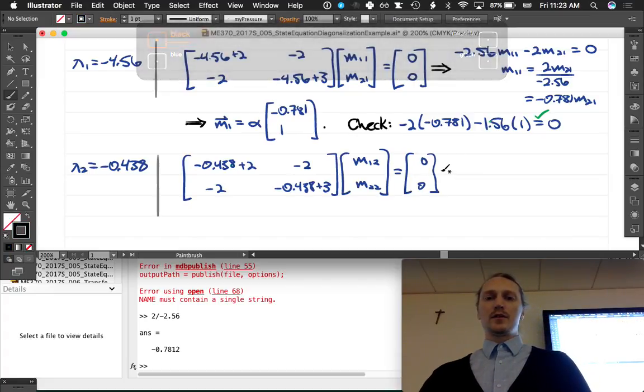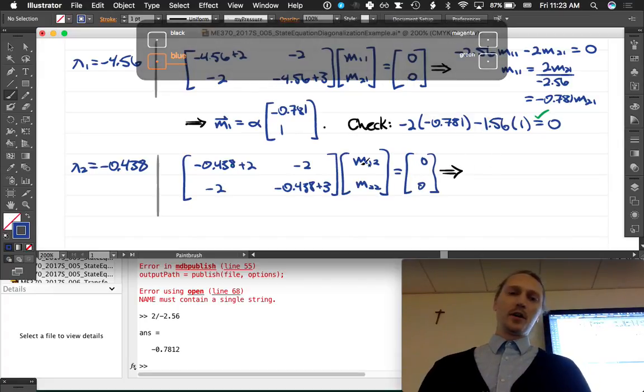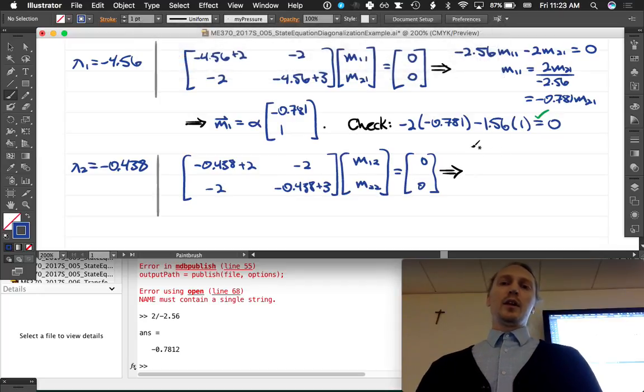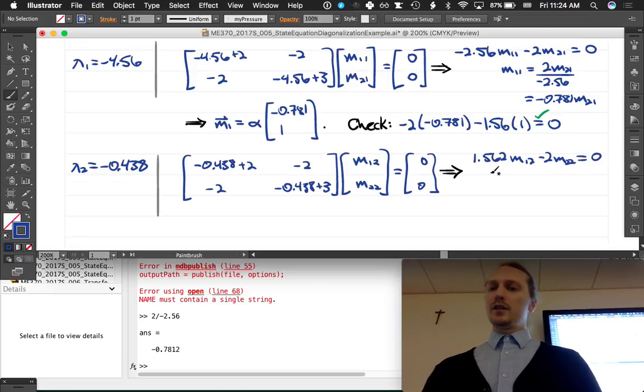All right, so from the first row equation, we know that, what is that, 1.562, if you add those together, times M12 minus 2 times M22 must equal 0.